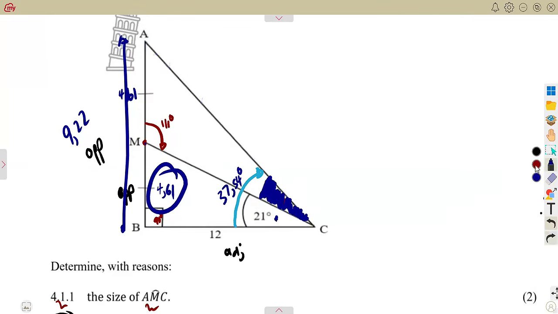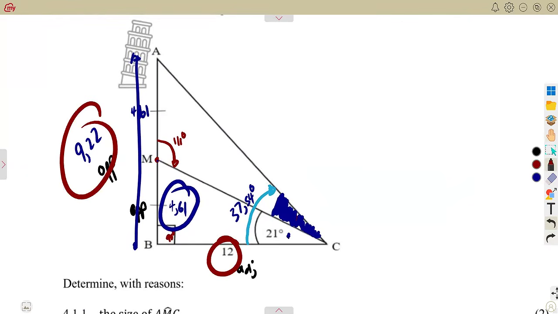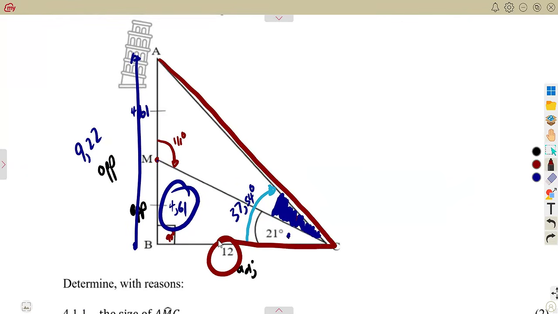Since you now have the whole of this angle here, you can use your trigonometrical ratios with any one of these sides, or you can simply use Pythagoras theorem, since the whole of this triangle is a right-angled triangle.